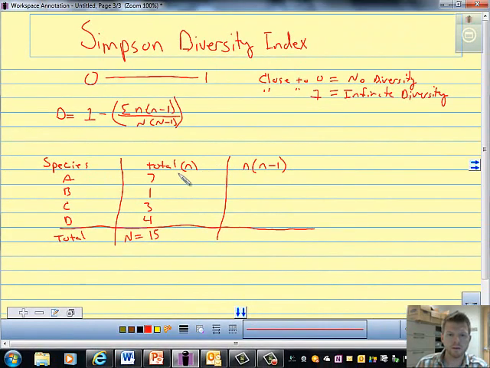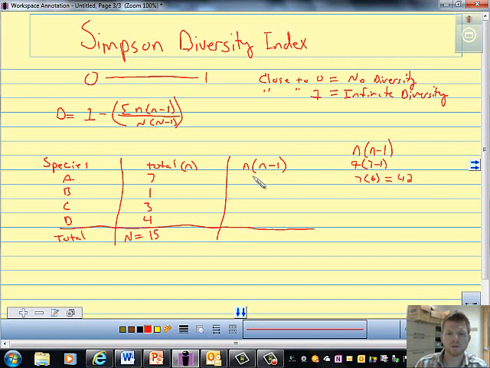Now I need to do n times n minus 1 for this third column. So I'm going to do a little sidebar over here. I'm going to substitute in some things. 7, and then I take 7 minus 1, right? So it'll be 7 times 6, and that equals 42.